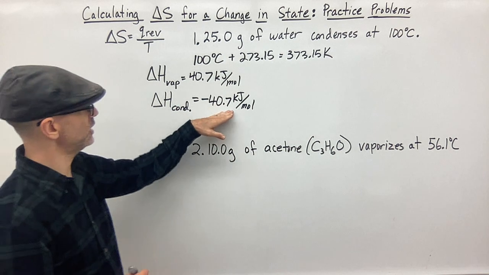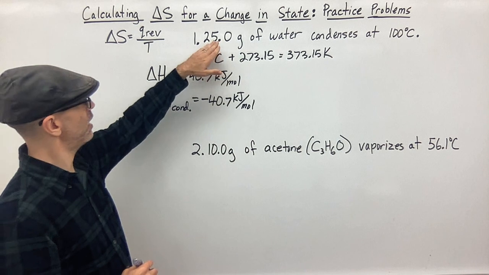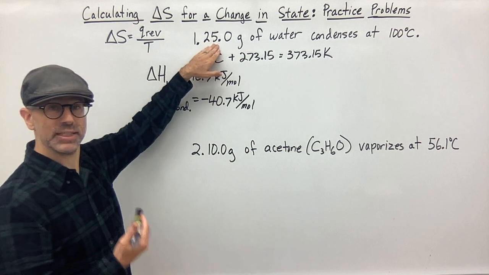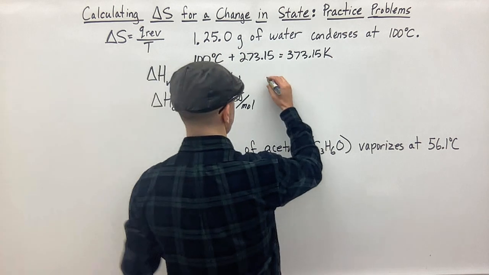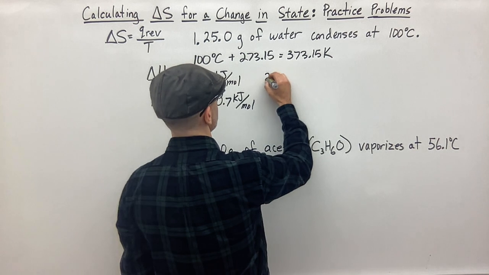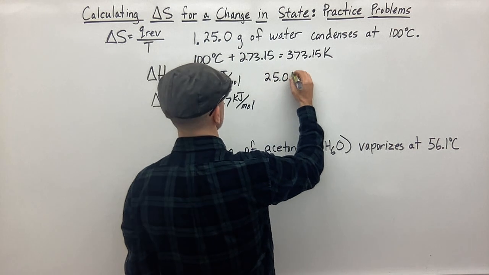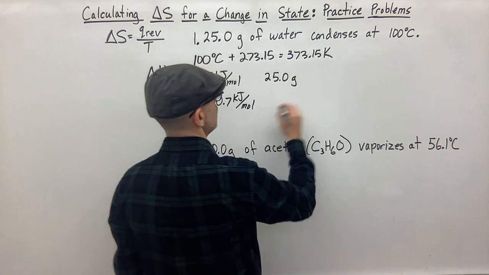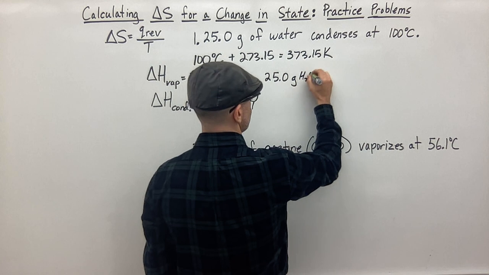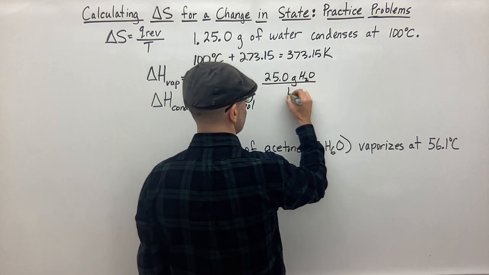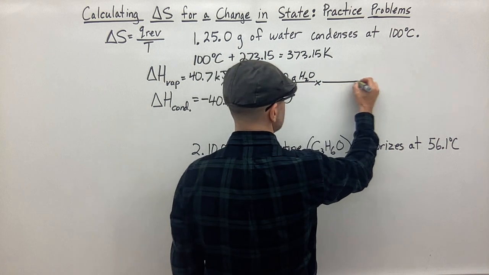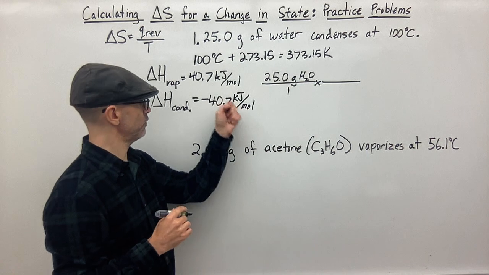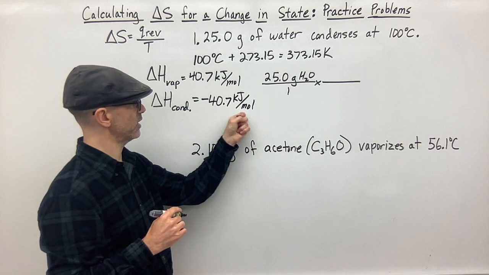So we can use this to convert these 25 grams into energy. We start with our 25.0 grams of water, H2O, over 1. We're going to have to convert this to moles, since we're going to use this conversion factor of moles and kilojoules.